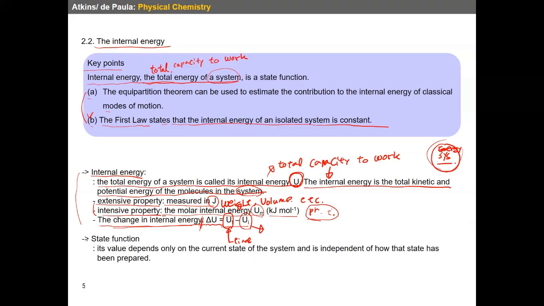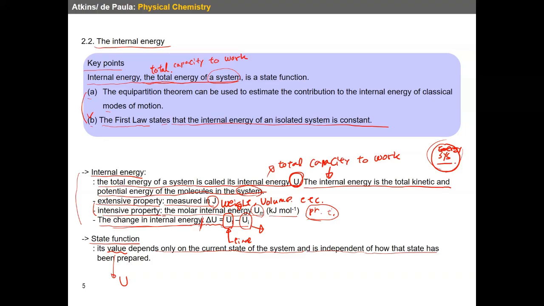The other important point for internal energy is that it is a state function. What does this mean? The value of the internal energy, U, depends only on the current state of the system and is independent of how that state has been prepared.